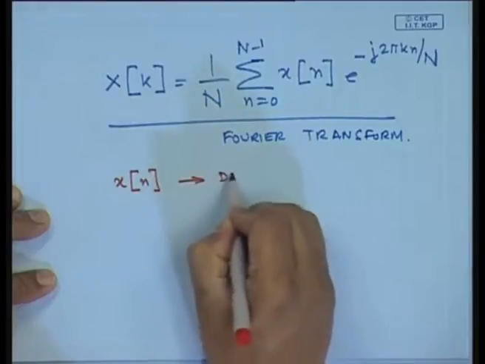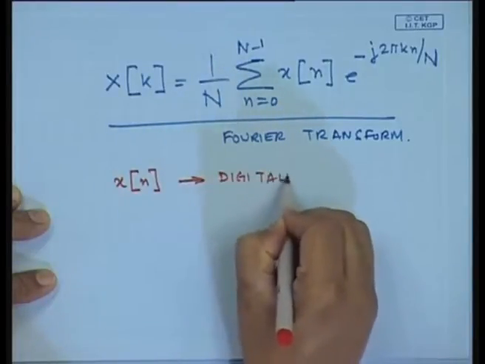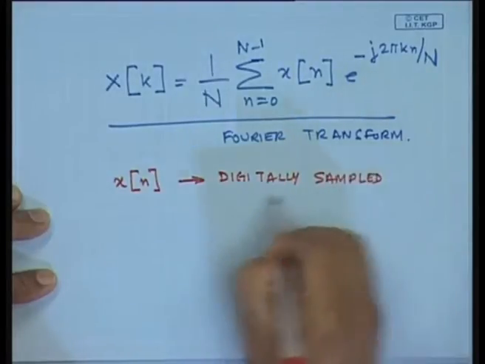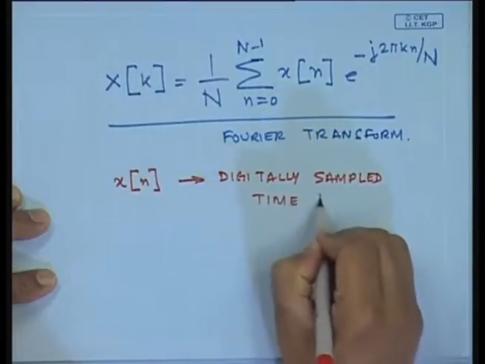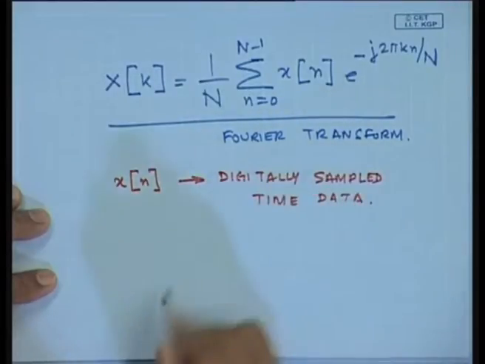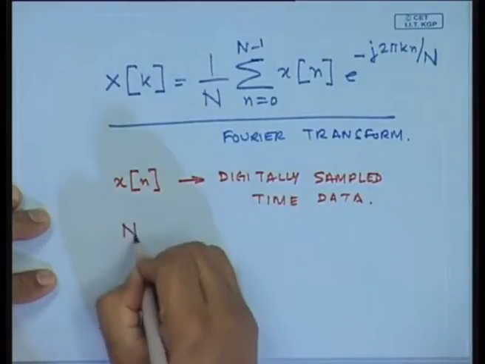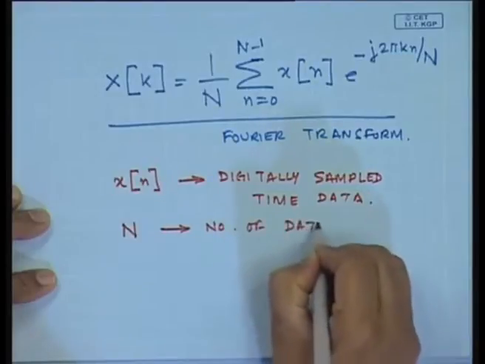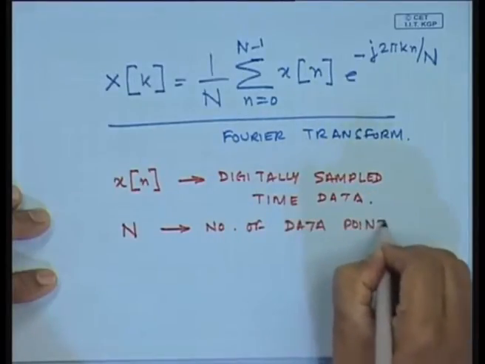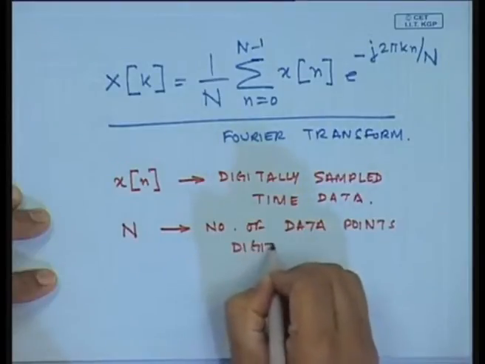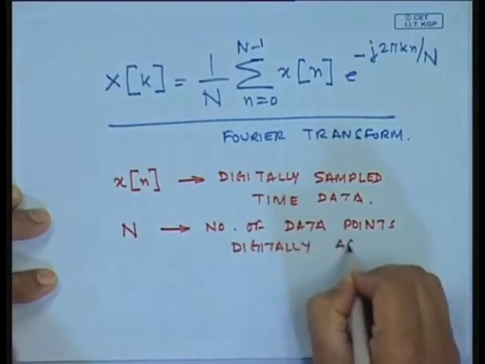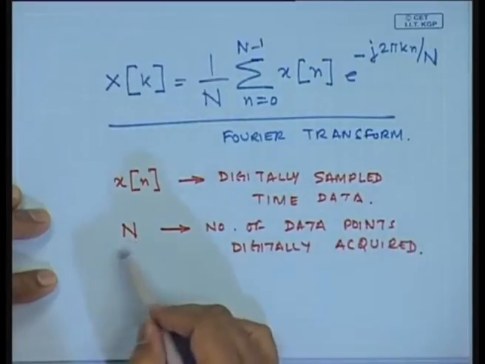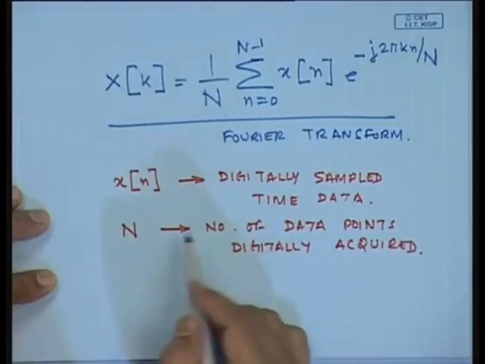are the digitally sampled time data. Capital N is the number of data points digitally acquired. This N is what specifies the memory space in the A to D card.